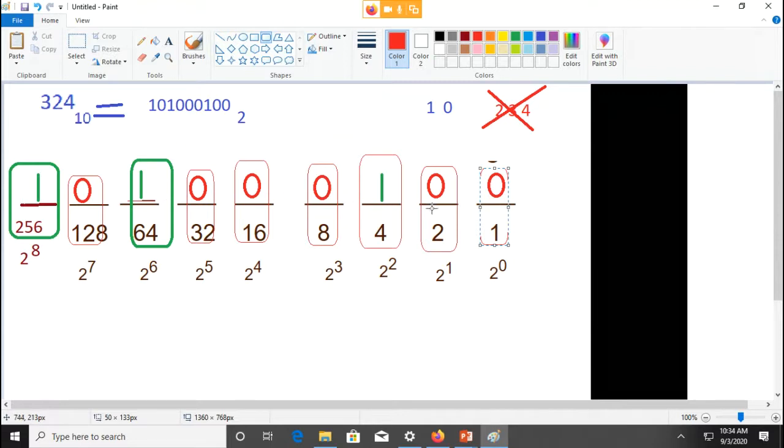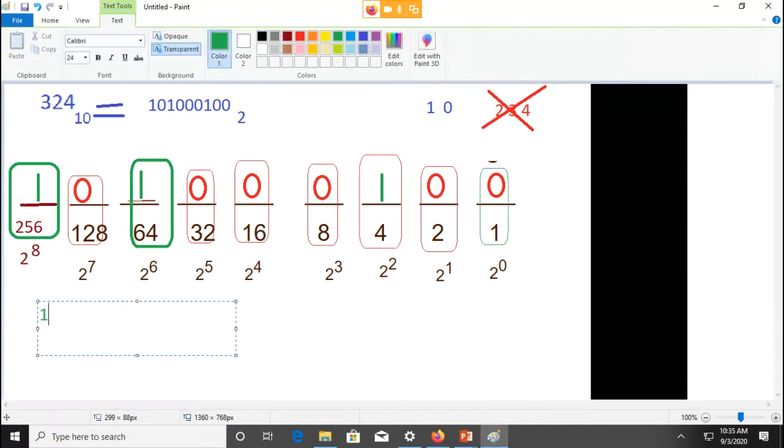But since they're zeros, those really don't add anything, right? So we end up having 1 times 256 plus 1 times 64 plus 1 times 4.